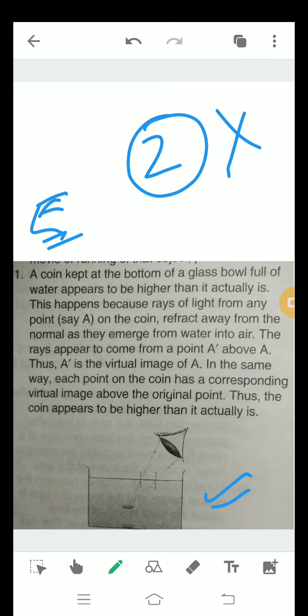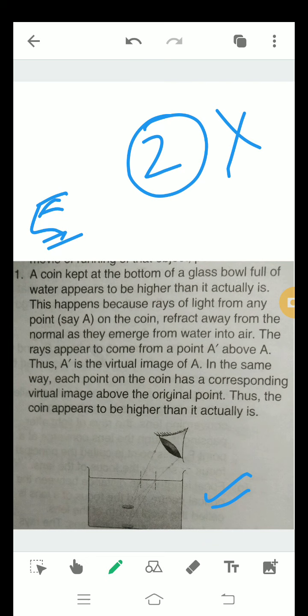A coin kept at the bottom of a glass bowl full of water appears to be higher than it actually is. With the help of a labeled diagram, explain why this happens. So the answer will be: a coin kept at the bottom of a glass bowl full of water appears to be higher than it actually is. This is because rays of light from any point on the coin refract away from the normal as they emerge from water into air.